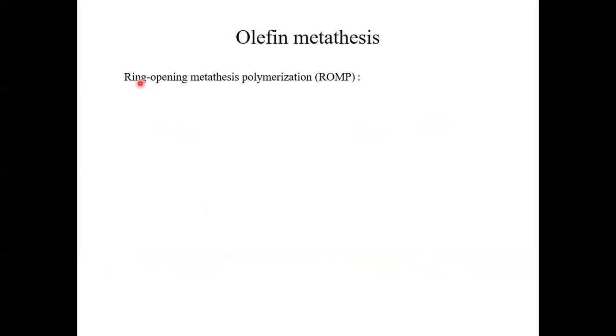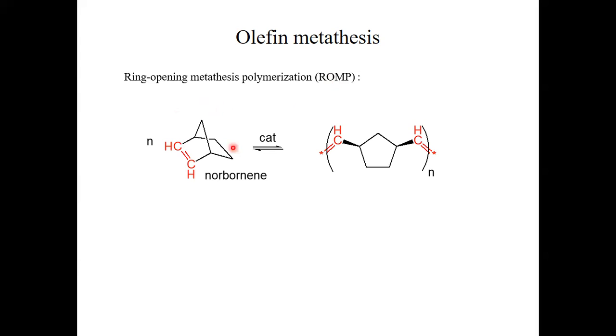Then another variation is ring opening metathesis polymerization, also abbreviated ROMP. In this case, you use the ring strain in an unsaturated molecule, an olefin. So for instance, you can start out with norbornene, which is an alkene, which has a relatively strained ring here. And as you add the catalyst, the carbon-carbon double bond cleaves. And then, because the ring strain is relieved, the reverse reaction is suppressed.